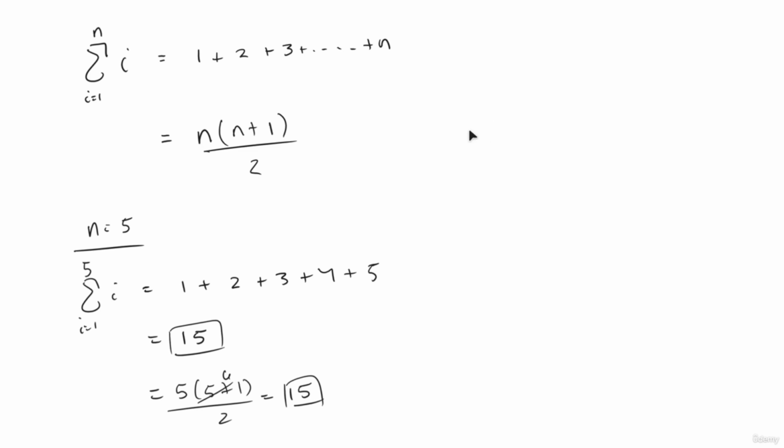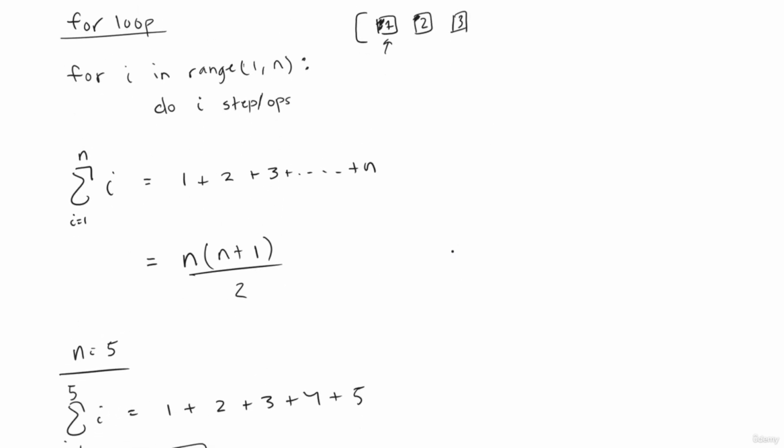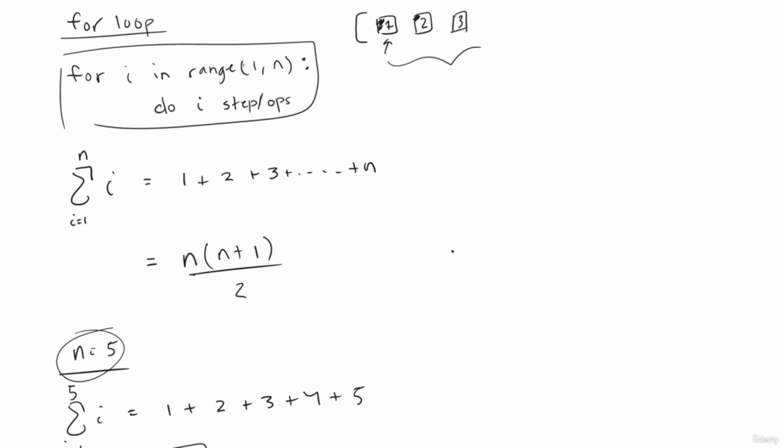Why is this powerful? If you're writing a program to do some job and your program follows this general structure right here, then you're going to want to know, especially if you're dealing with large inputs, like here we have 3 items, and we have 5 items here. But what if n was equal to 100?